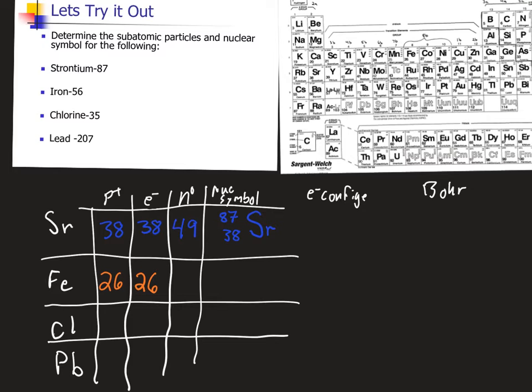The number of neutrons will be found using 56, since we're dealing with iron-56. Now, if we were dealing with, say, iron-57, then the subtraction would be different. But iron-56 minus 26, so 56 minus 26, gives us 30.